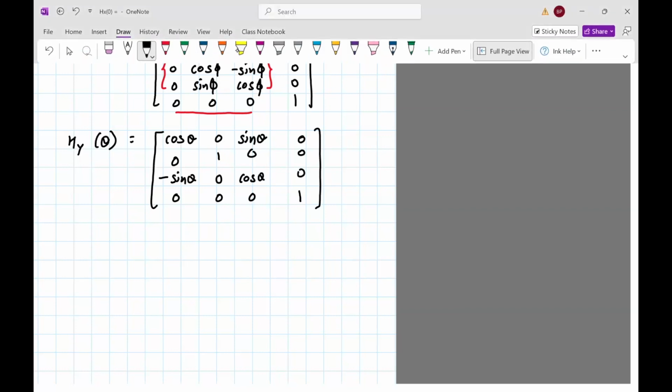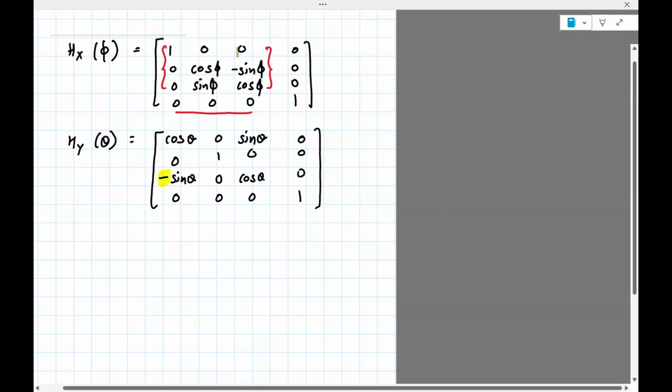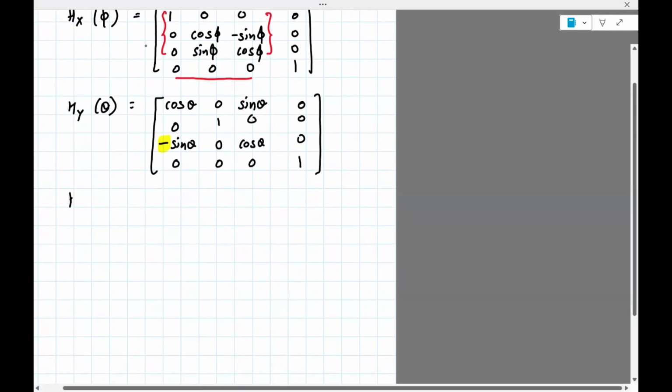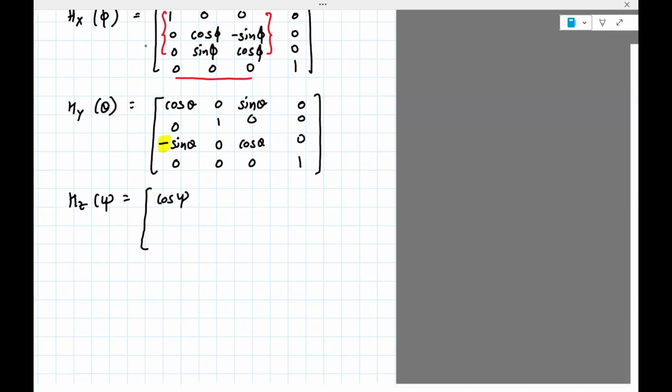Okay, now here's the thing. Remember that this is a negative. It's not a mistake. This is not an error. This is how it is. Hy is like that. Okay, and then hz psi is cosine psi, minus sine psi, 0, sine psi, cosine psi, 0, 0, 0, 1.